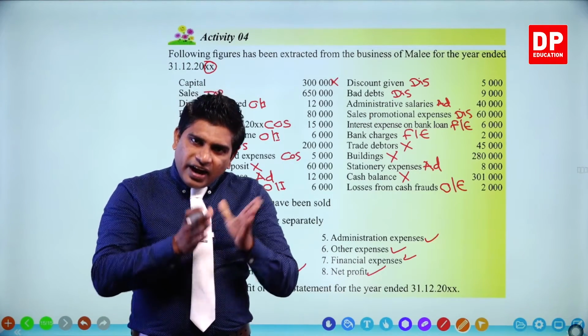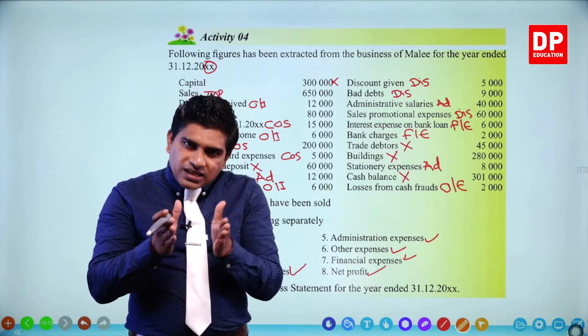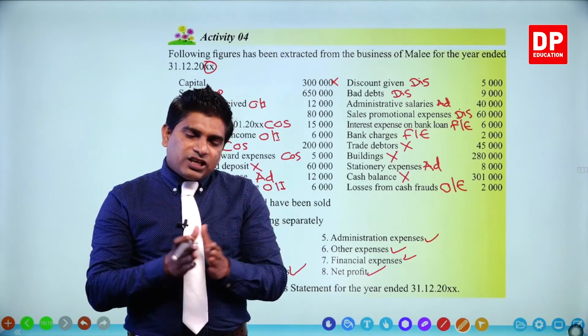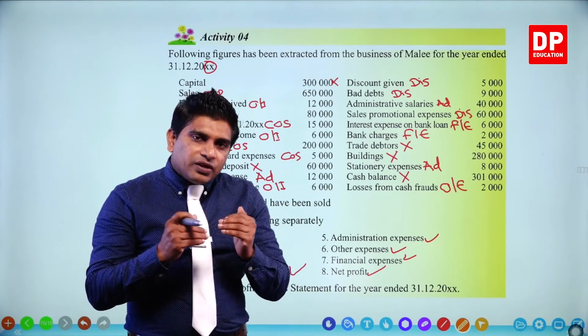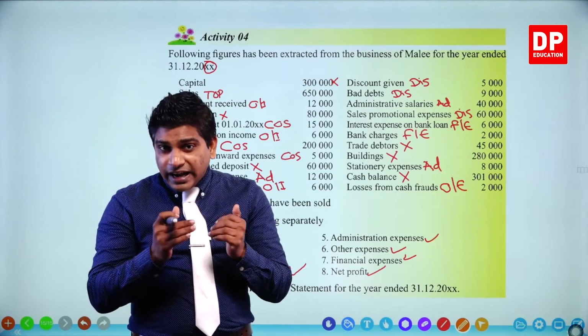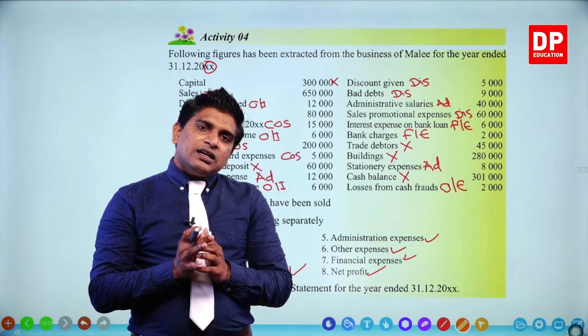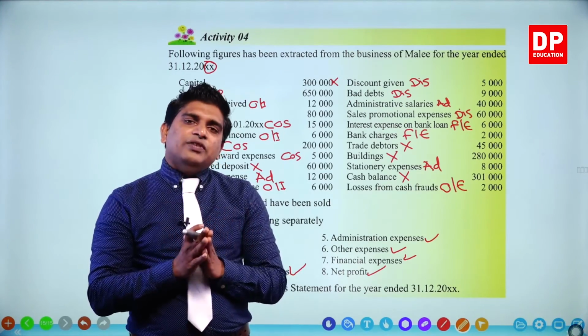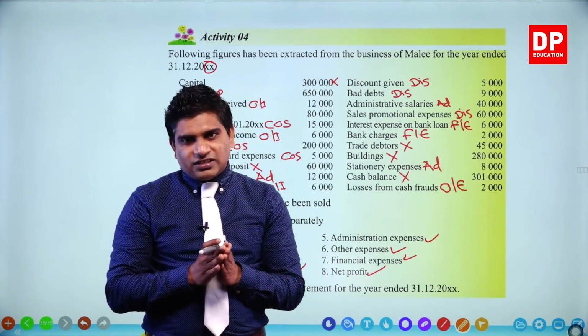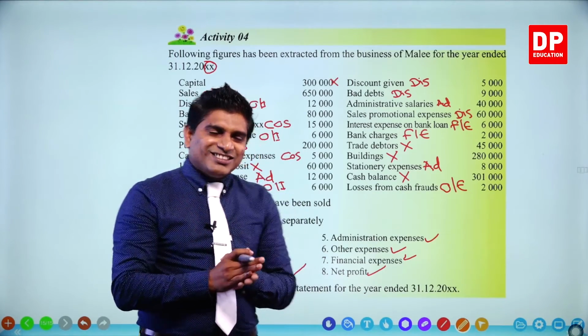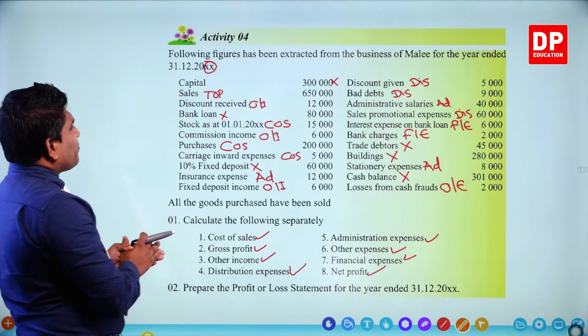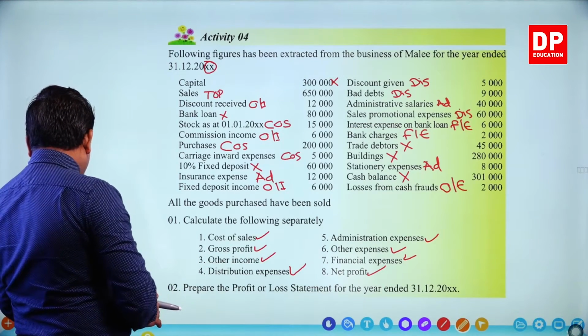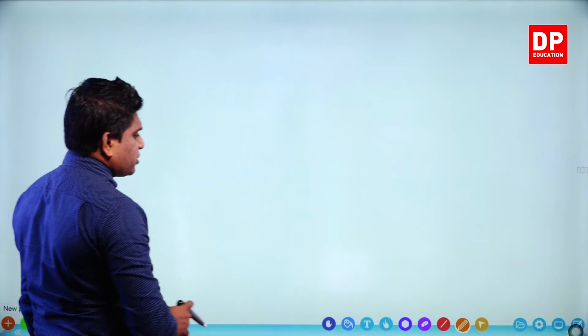Then we write each heading and leave spaces to write the expenses. Finally, we enter the details into the format, and then we can find the net profit. Are you ready? Right, now I'll draw the format.